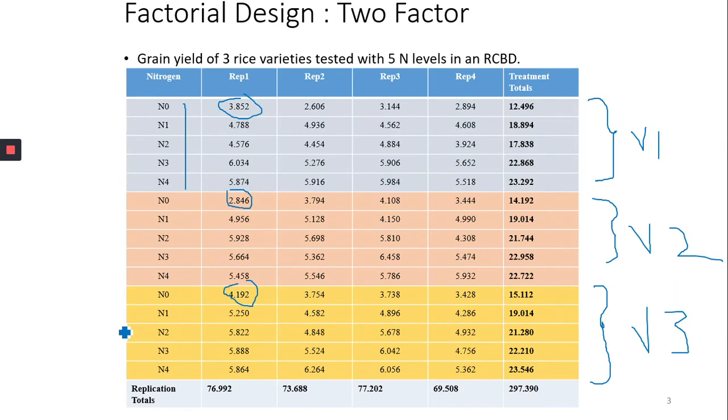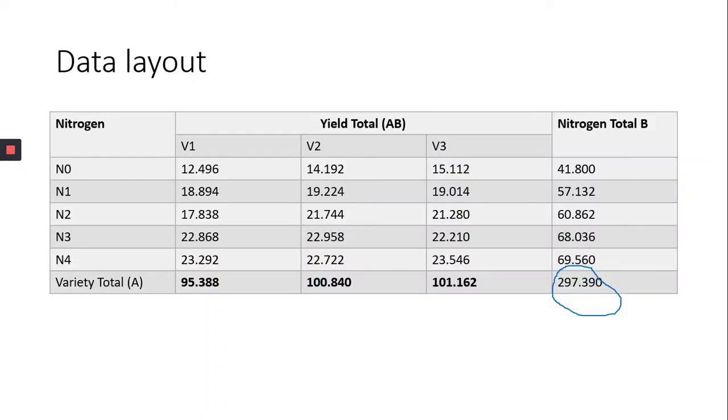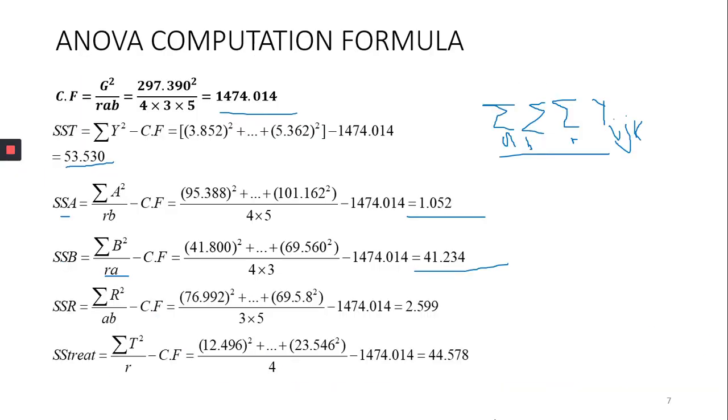On this table, this squared plus this squared plus this squared plus this squared. So you sum those ones. You are no longer dividing by the number of reps like what we have said. You divide by AB, minus the correction factor, so you get 2.599.